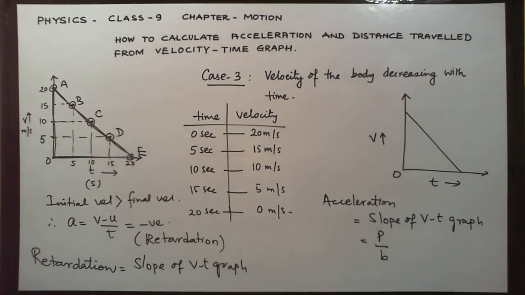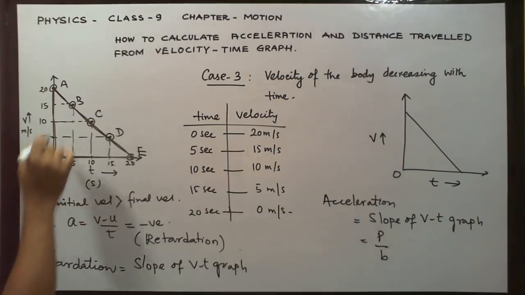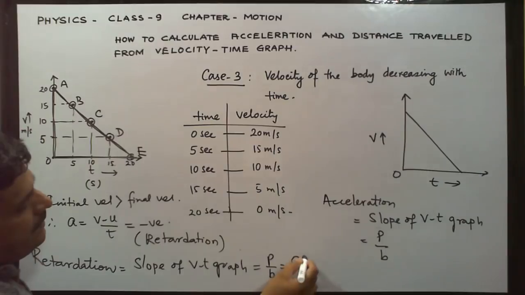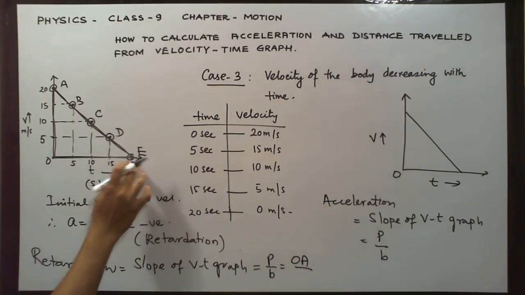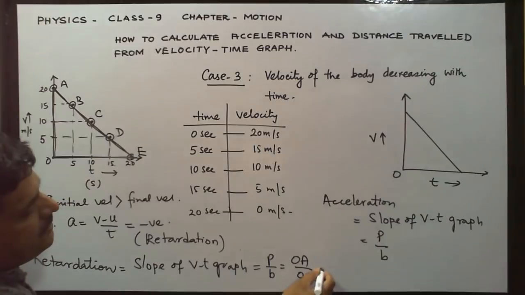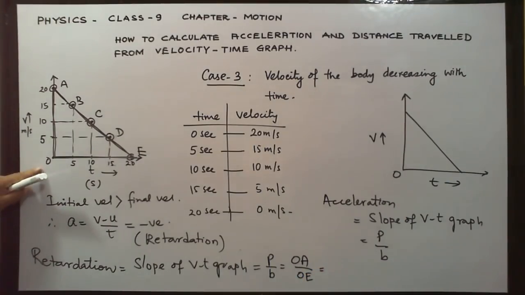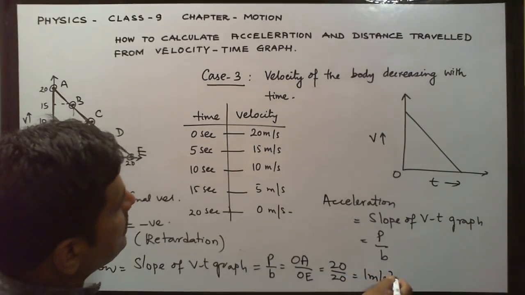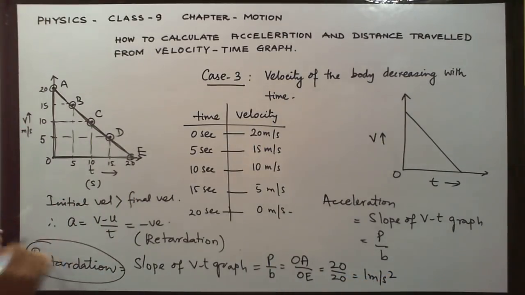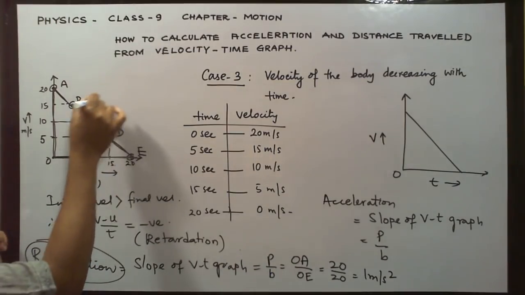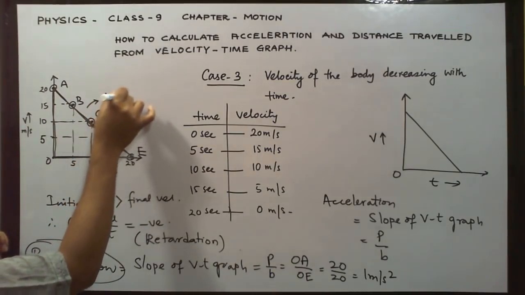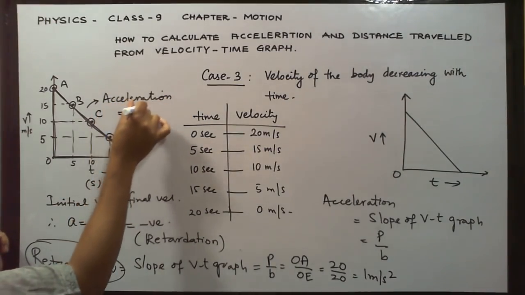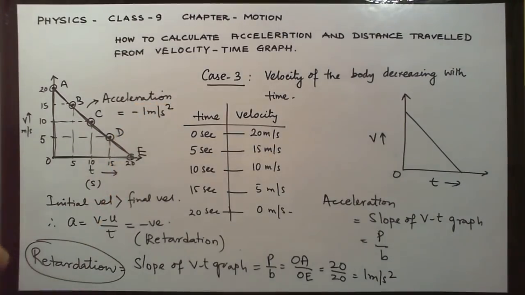So to find the slope, the perpendicular is OA and base is OE. So this is 20 by 20, it is 1 meter per second square. Retardation is 1 meter per second square, or we can write acceleration, and when I am using acceleration I will write minus 1 meter per second square.